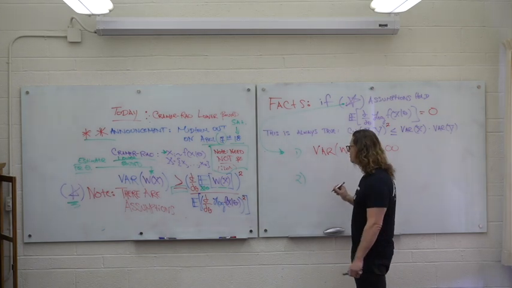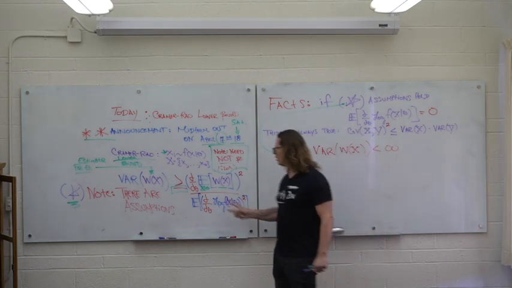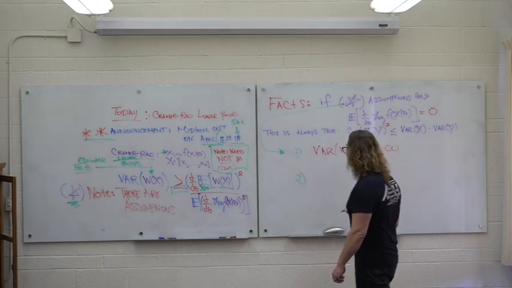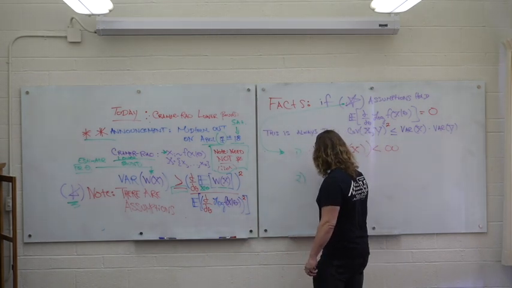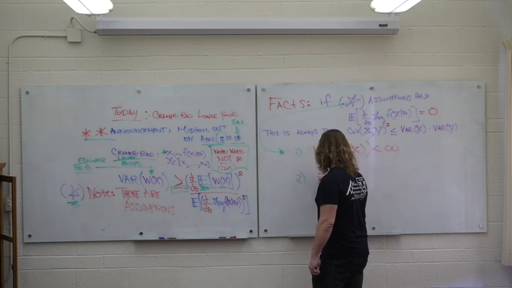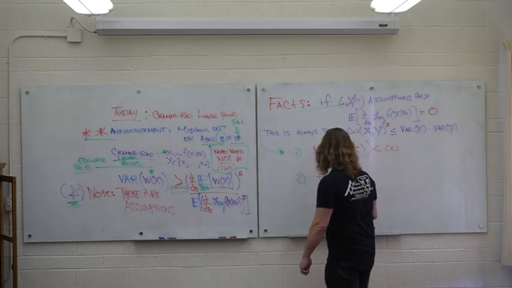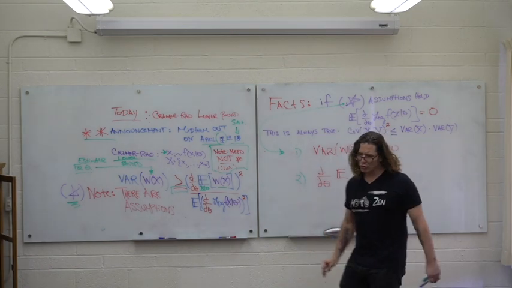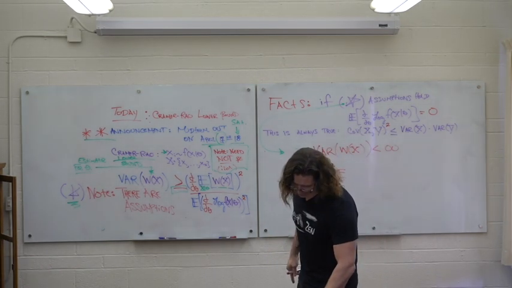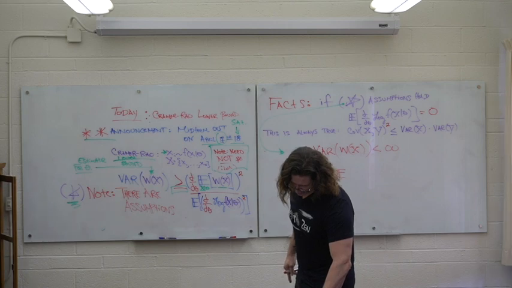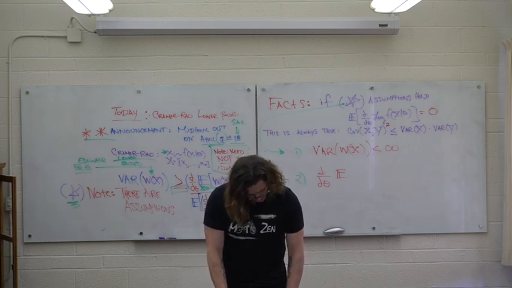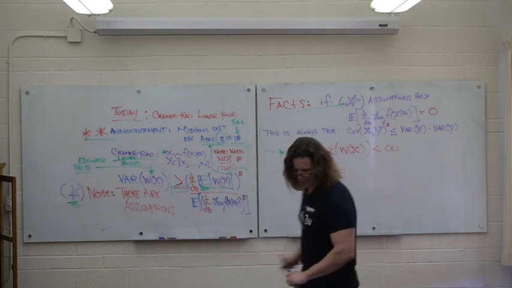The second one is a statement about how I can exchange derivatives and integrations. So it says this. The derivative of the expectation, and I'll try to match the one they did in the book. Okay.